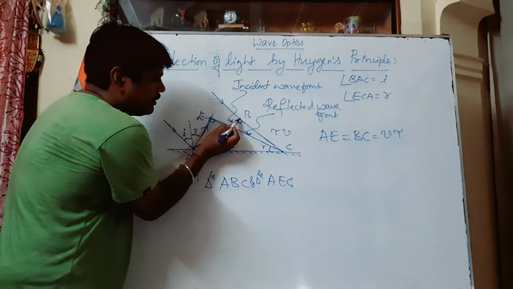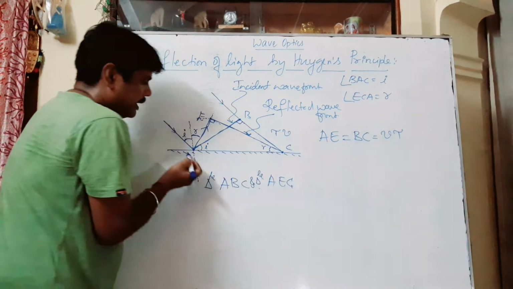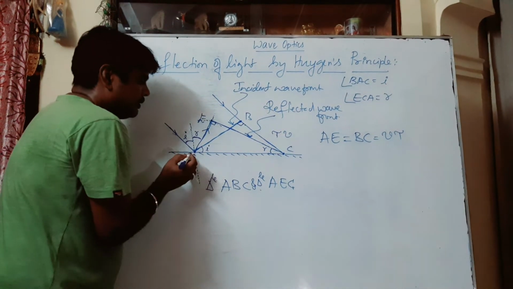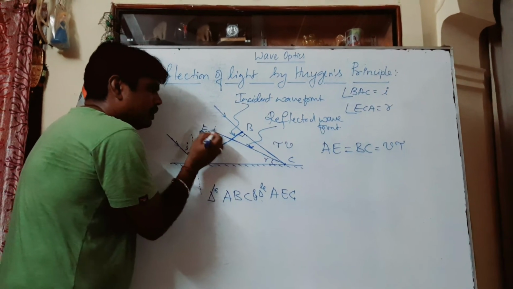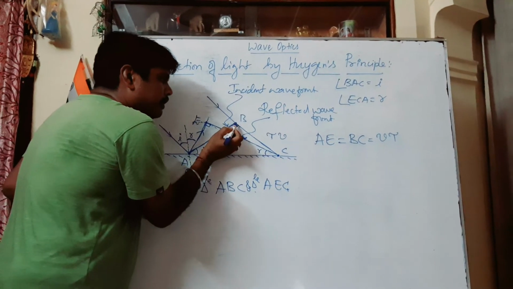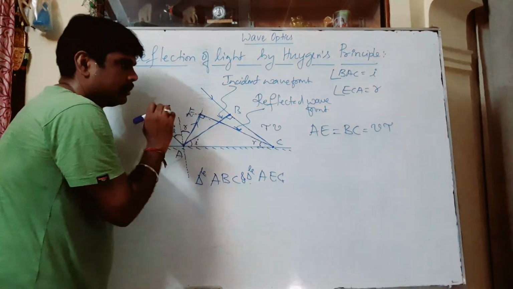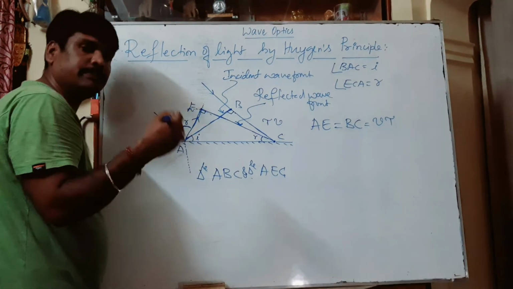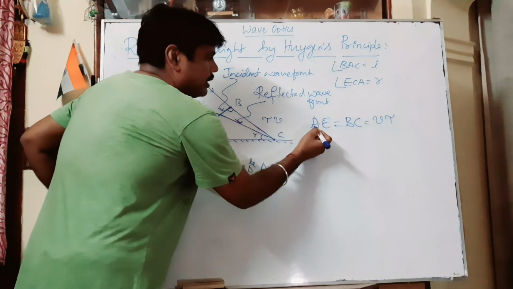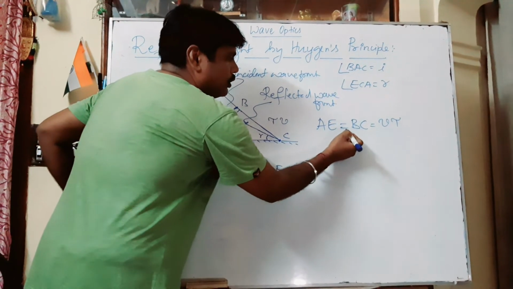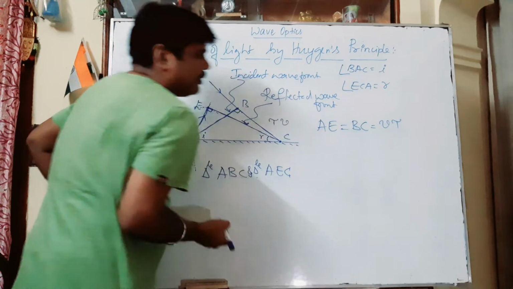The time taken from here to here is tau for the secondary wavelets, and from here to here it is tau for the wavefront. For the secondary wavelets also, the speed remains the same in the reflection phenomenon. So the value AE is equal to the value BC, which is equal to velocity into tau.